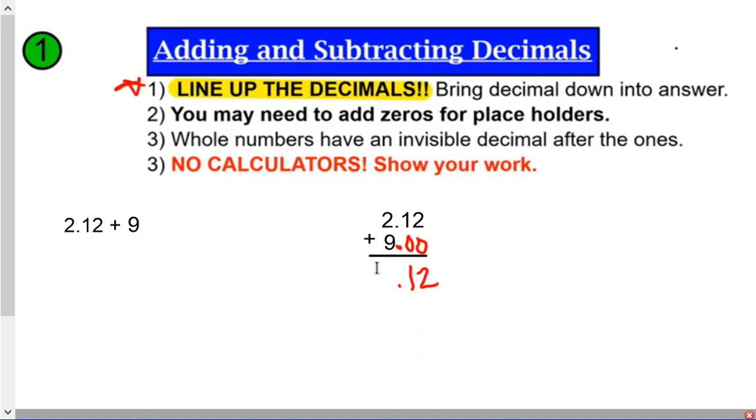So 2 plus 9 will give us 11. Okay, so this is your answer. Go ahead and pause the video here if you have not already written down these rules.